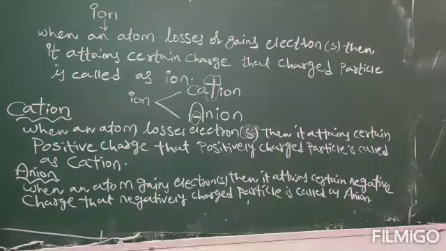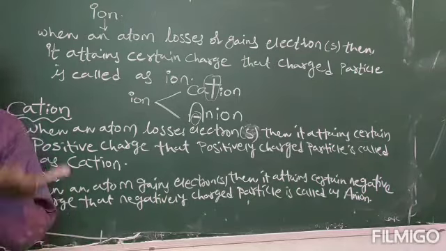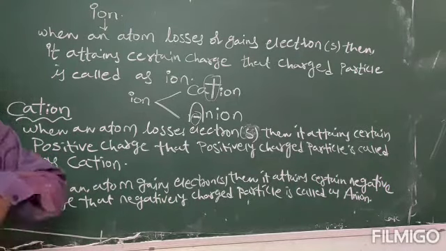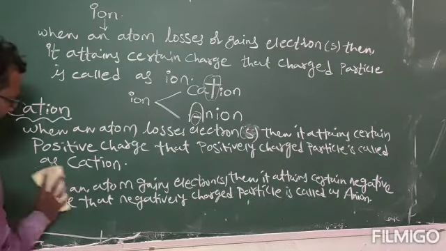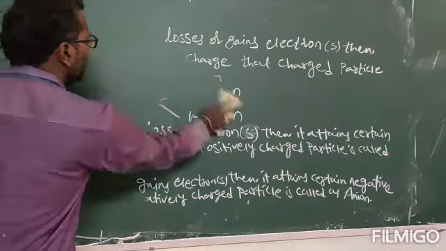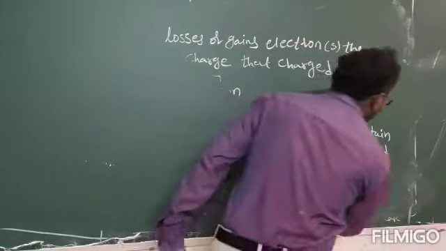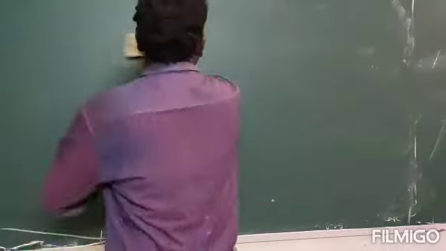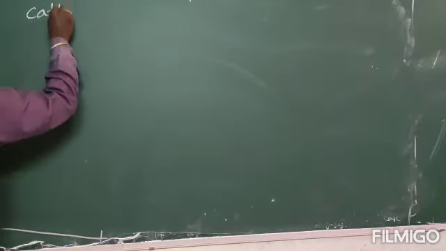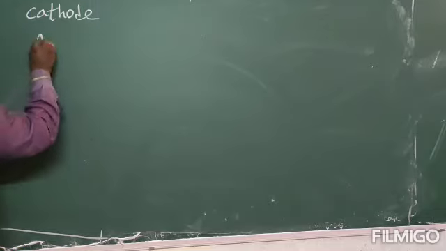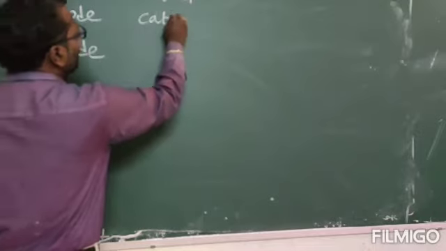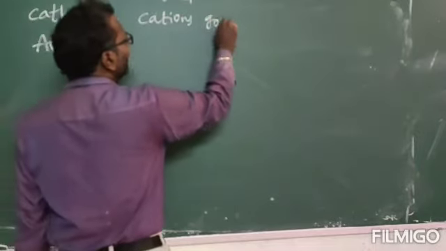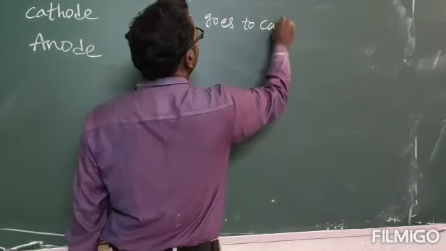So, in general plus means gain, but in chemistry plus means lost. And one more shortcut technique I will tell you. We have 2 types of electrodes, cathode and anode. See, cations always go to the cathode only.